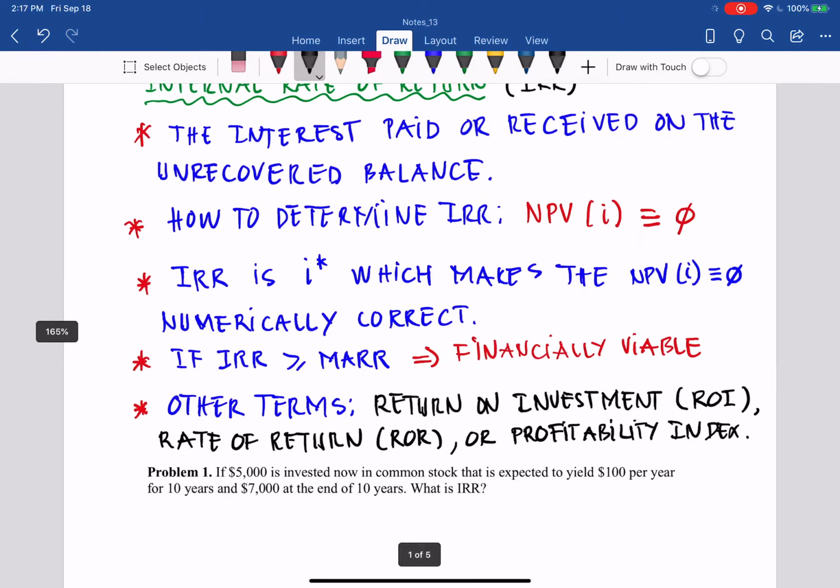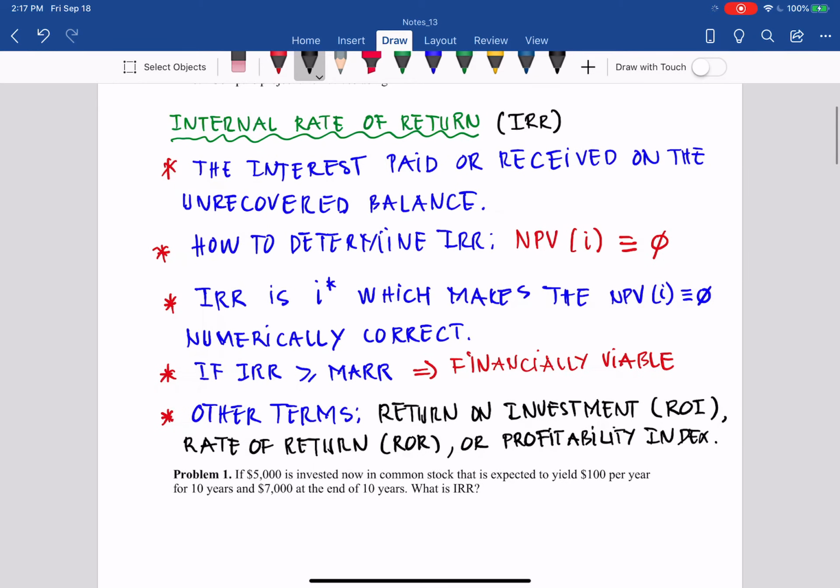So those are the terms that can be used for IRR. For this class, we use IRR.